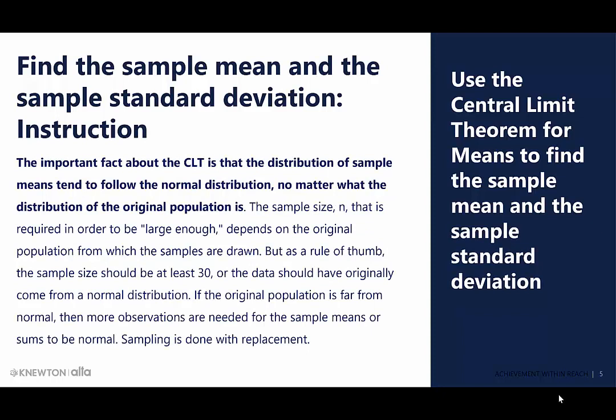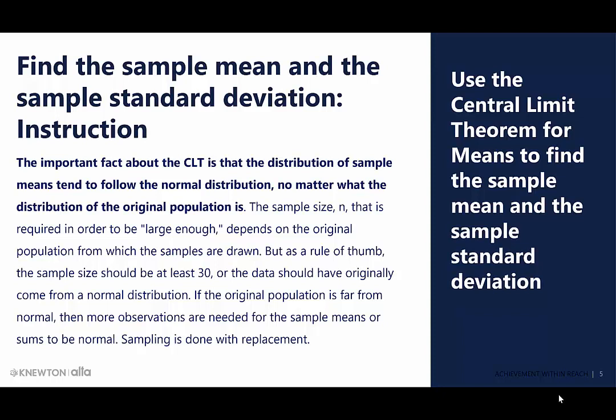And so the central limit theorem for means is based off of the distribution of sample means. What that means is that you're collecting a bunch of sample means, meaning you have a bunch of different samples, and for each of those samples, you're going to collect the mean. The distribution is then formed from each sample mean that you collected.